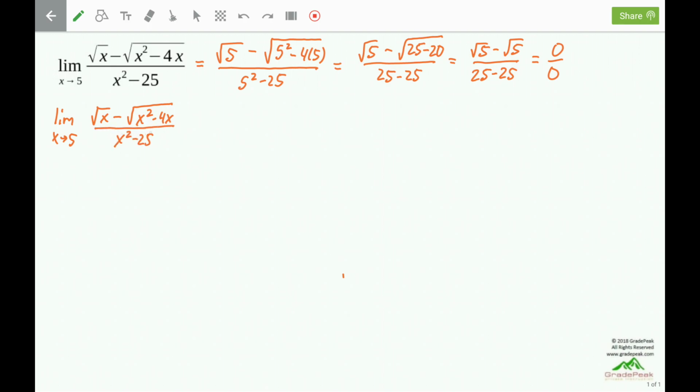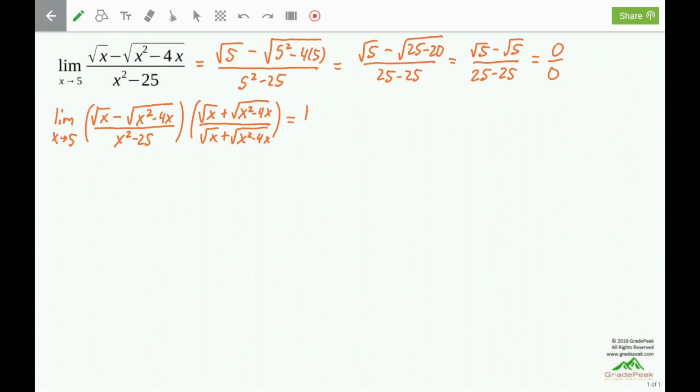You will just make opposite sign between the two roots for the conjugate, so we will have the root of x plus the root of x squared minus 4x. Other than that, you leave everything the same. Just change the sign between them. And we're going to multiply the numerator and denominator by that root conjugate.